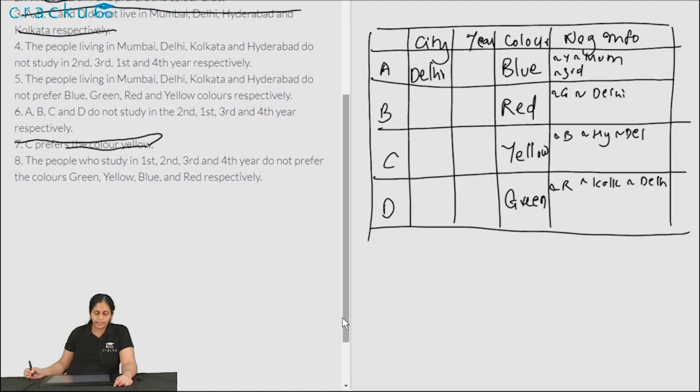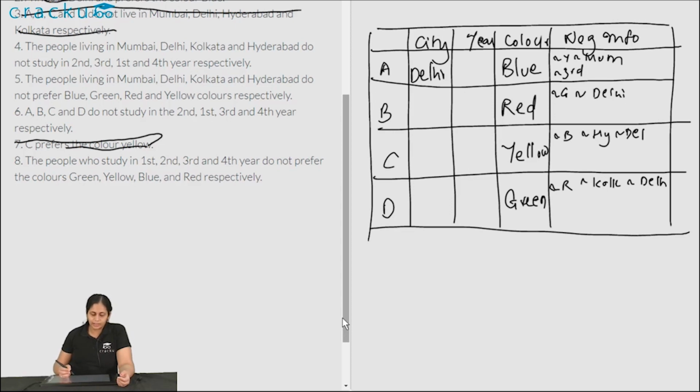The people living in Mumbai, Delhi, Kolkata and Hyderabad do not prefer blue, green, yellow and red colors respectively. But I've already placed the colors, but using the colors I can then put which city they won't be in. So somebody who is in Mumbai does not like the blue color. Somebody who is in Delhi does not like the green color. That I already know.